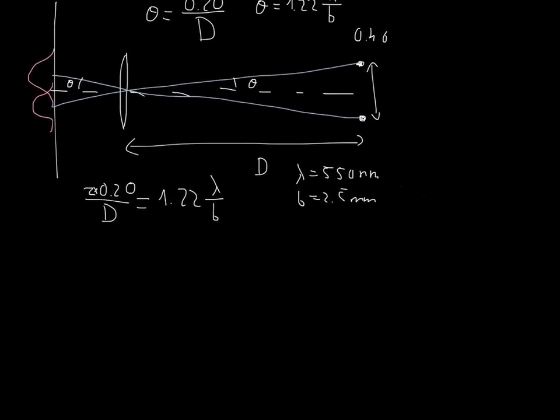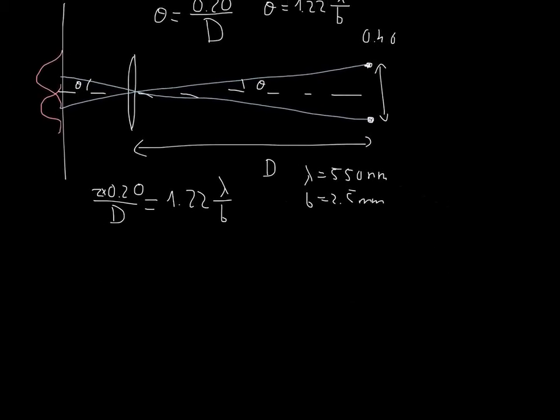I can do this in a second. If we just plug the values into a calculator, first thing I'm going to isolate D. So D is going to go over here. I will have 2 times 0.20 equals 1.22 lambda over B times D. And then I'm going to put all this stuff under here. Remember that if B is dividing, it's going to go there multiplying.